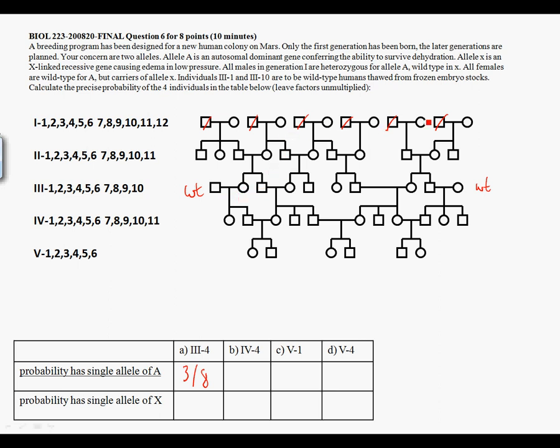And the way we had pursued this, and I will rewrite this, is for people in the second generation, their father can produce 50% chance of wild type, 50% chance of mutant allele. Those are the gametes that he can produce.